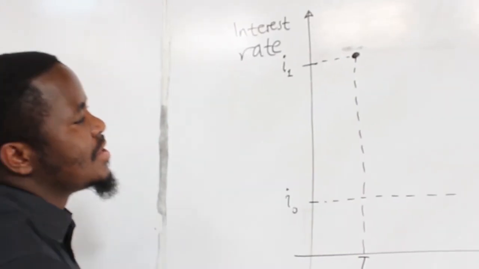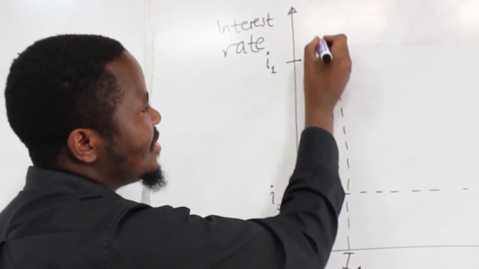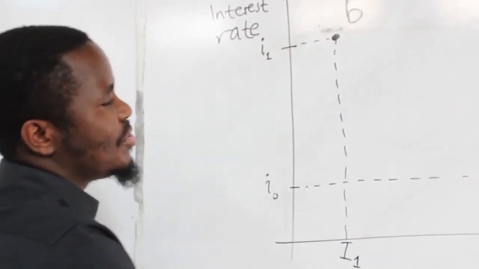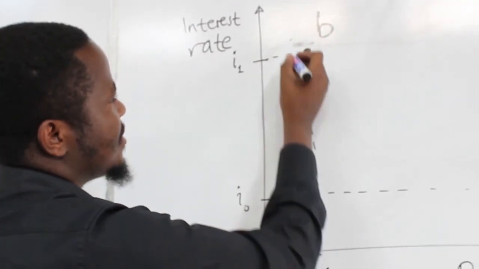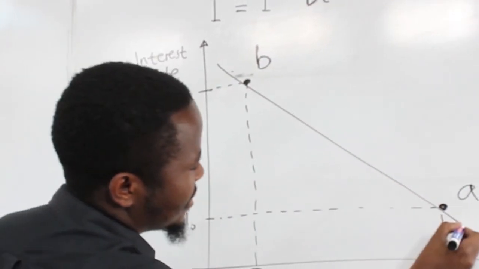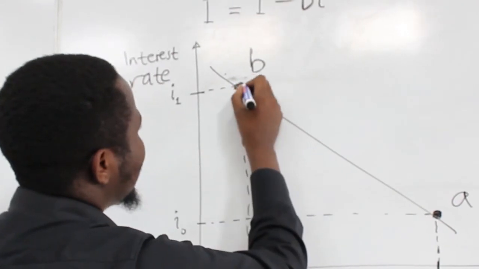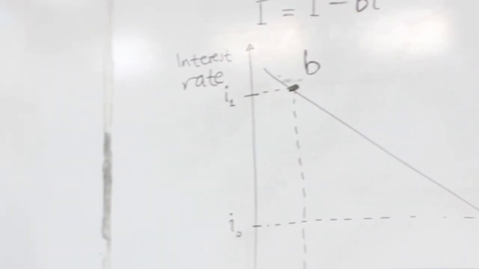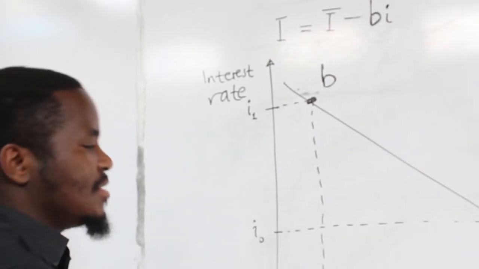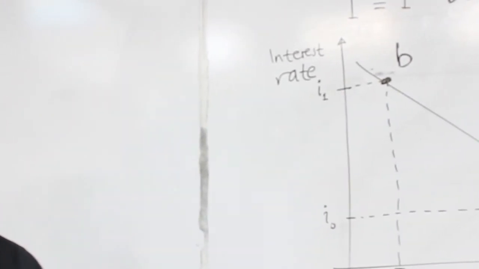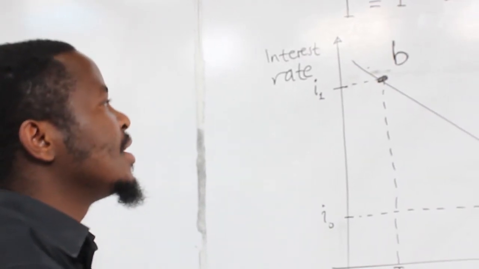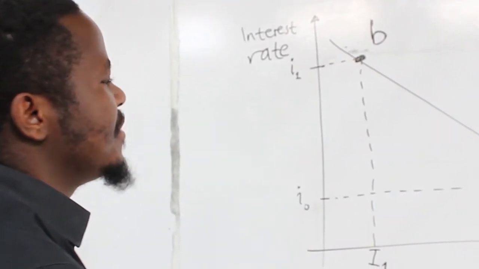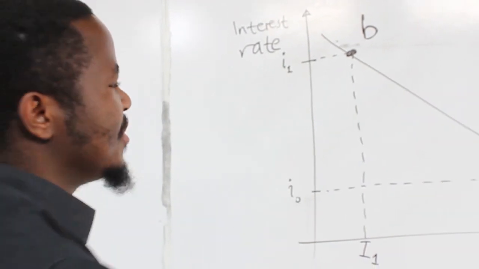So if we join these two points, I'll call this point B, joining points A and B would give us the investment curve. I'll denote the investment curve by I. This is a graph that shows planned investments given the levels of interest rates, which is a negative relationship.